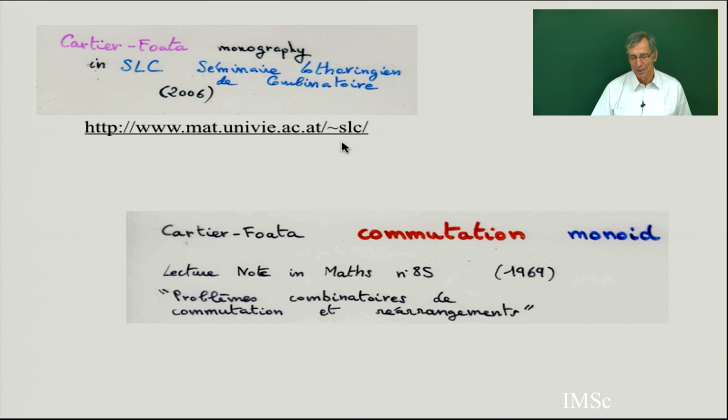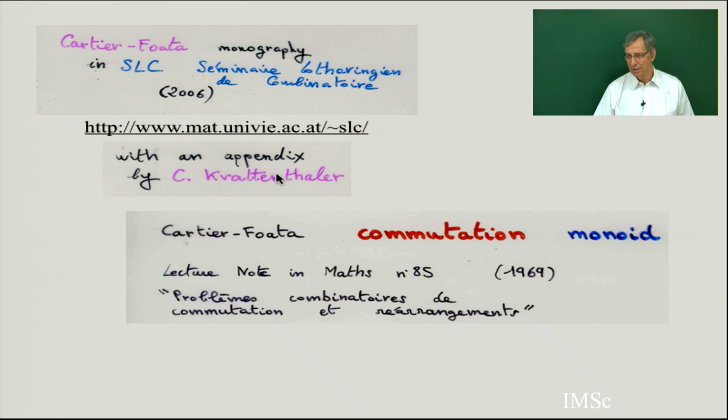And what is interesting for you for this course is there is an appendix by Christian Krattenthaler, which is written in English, and which gives the main definition, two of the basic lemmas, and an example of this theory of heaps of pieces, which is related to the commutation monoid.